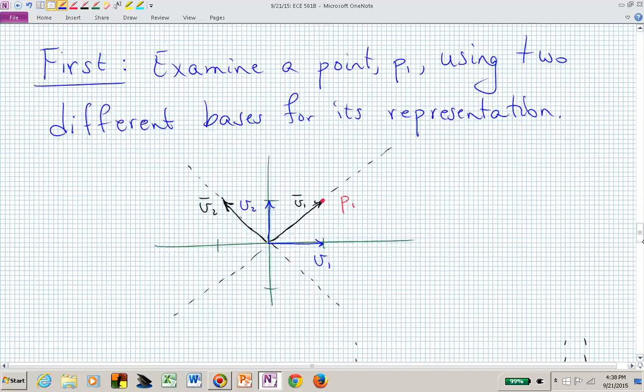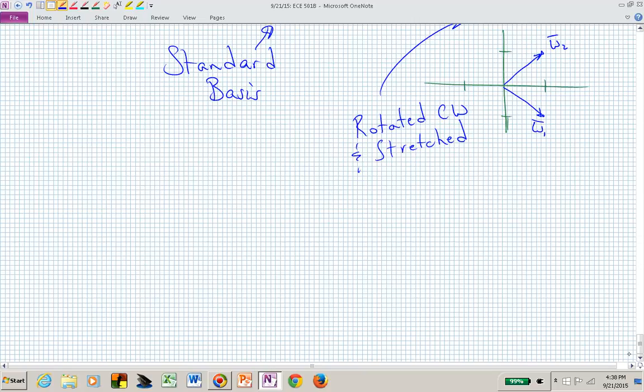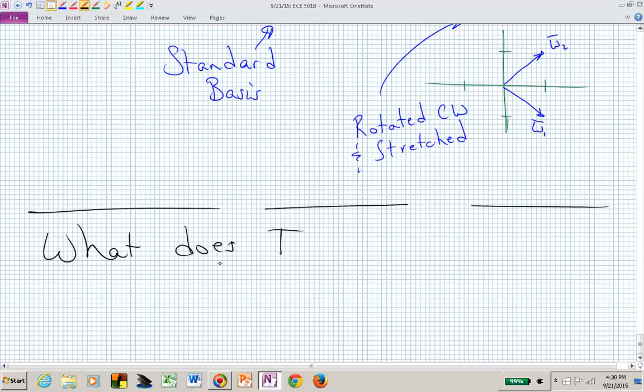Now, what I want to do is try to create a matrix representation of the linear map T between these different combinations of basis vectors. What does T, the linear map, look like as a matrix?